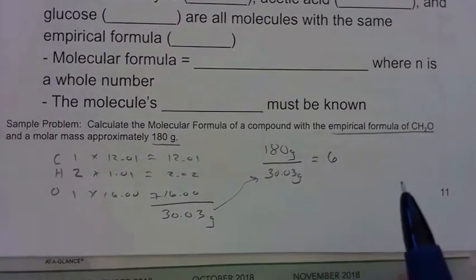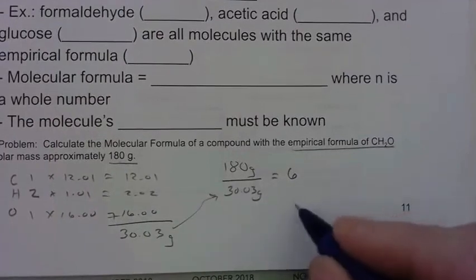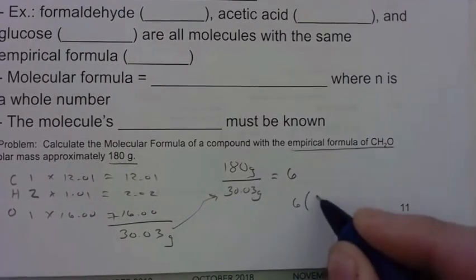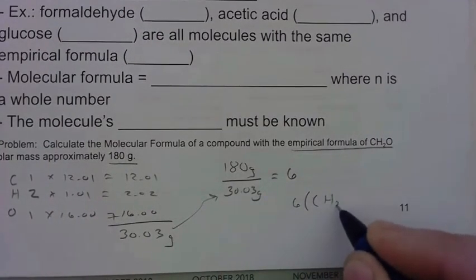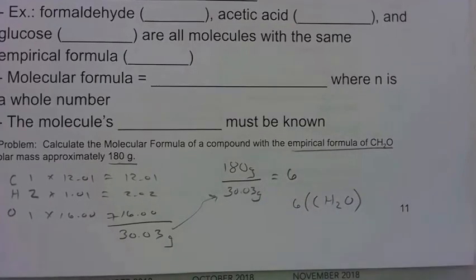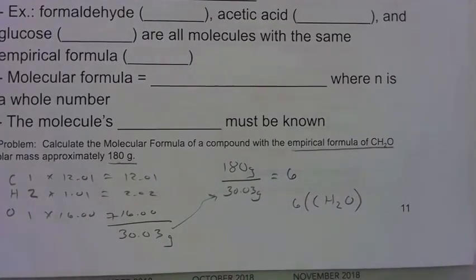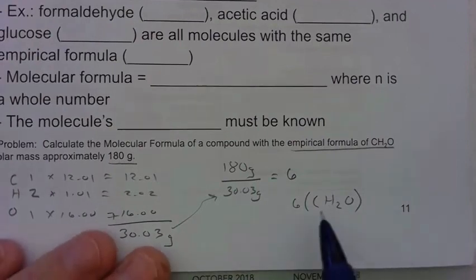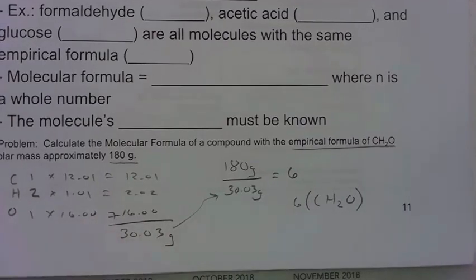Now, that 6 represents what we multiply all of the subscripts of the empirical formula by. Because remember, the molecular formula is always going to be a whole number multiple of the empirical formula. The empirical formula is the lowest common ratio of each element to each other, and the molecular formula is simply the formula of one molecule of that compound.